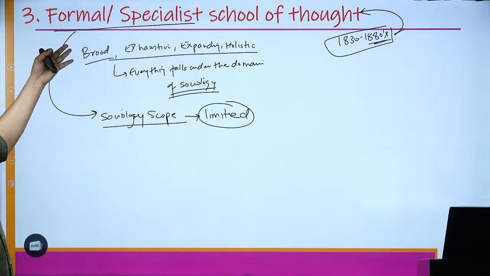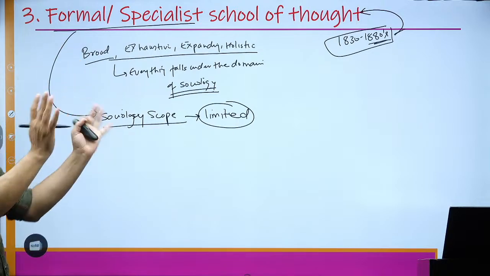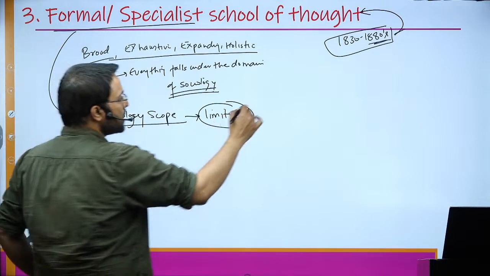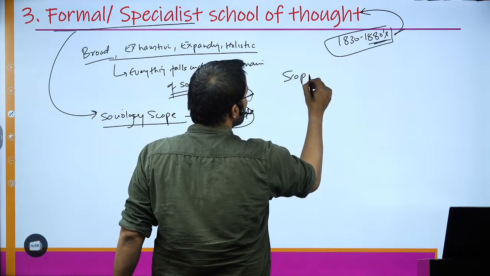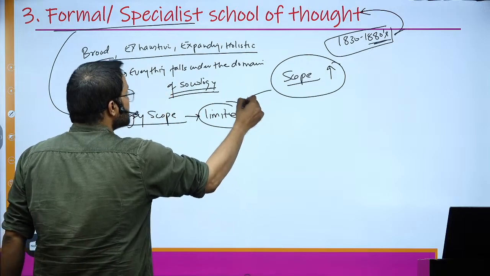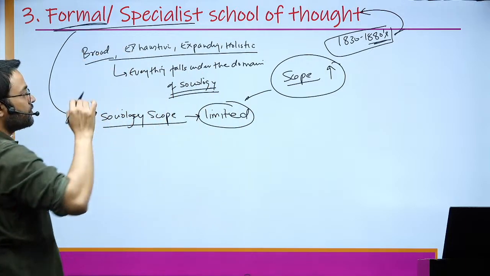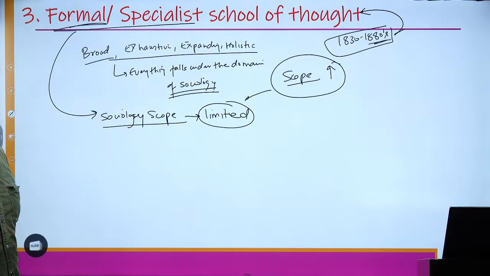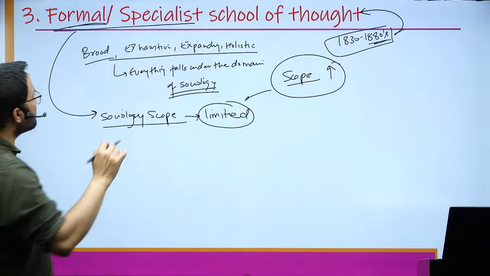Because earlier, the synthetic school of thought was saying that everything comes under the domain of sociology. So for them, the scope was very high. But now, this specialist or formal school of thought said that the scope of sociology is very limited. Not everything falls under the domain of sociology. That is why we have specialists.